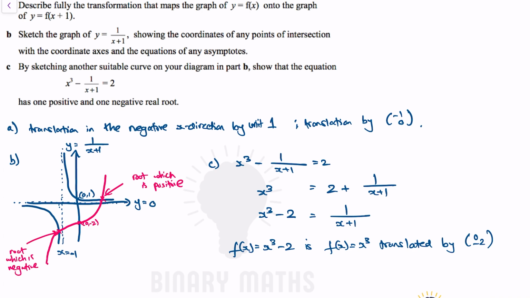So if I were to explain it, f of x is equal to x cubed minus 2, and f of x is equal to 1 over x plus 1 intersect at 2 points. Therefore, there are two roots.